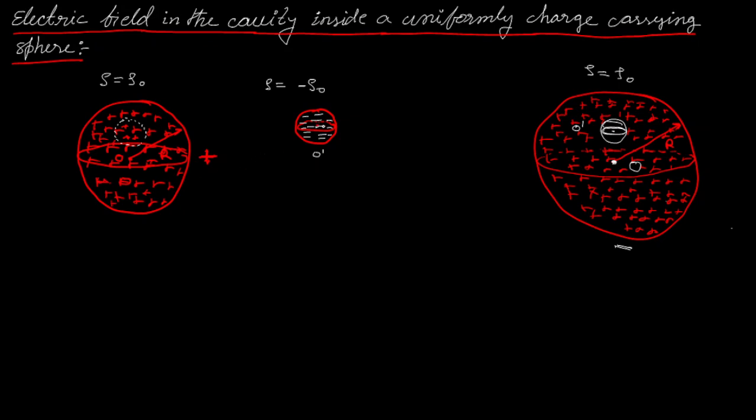Now if we consider only this cavity portion with a negative charge density and superpose these two, there is already positive charge and the same amount of negative charge, so they will neutralize each other's effect. Eventually this portion will be empty, so there will be no charge. So superposition of these two situations gives you the original charge distribution.